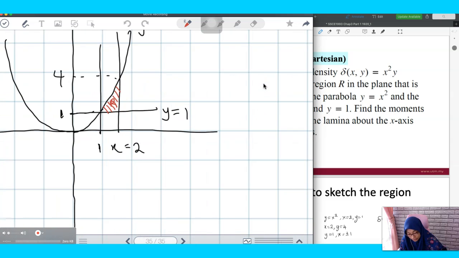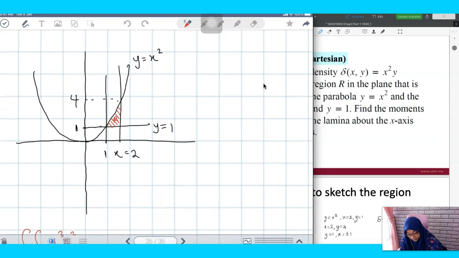Do you want x constant or y constant? For me, I will use x constant, so I have that particular line.